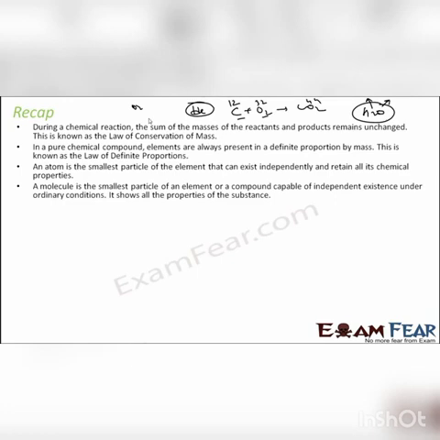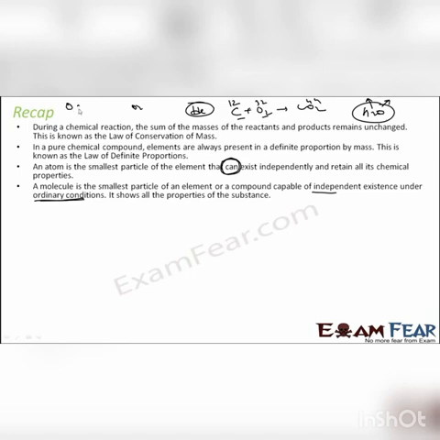A molecule is the smallest particle of an element that is capable of existing independently under all conditions, and it shows all the chemical properties. Please note there is a "can" here, and this is under all conditions.